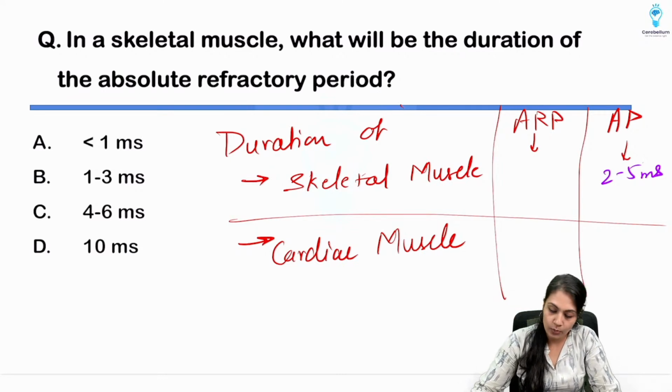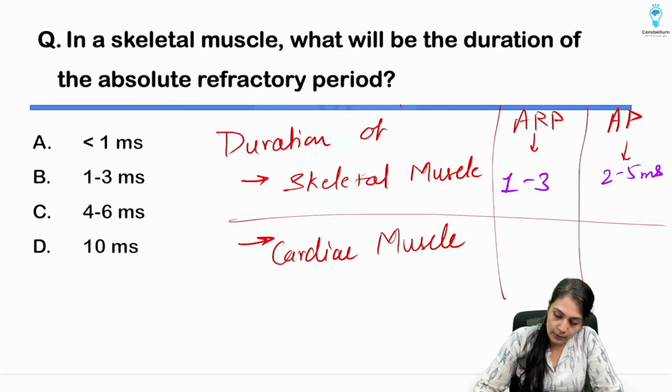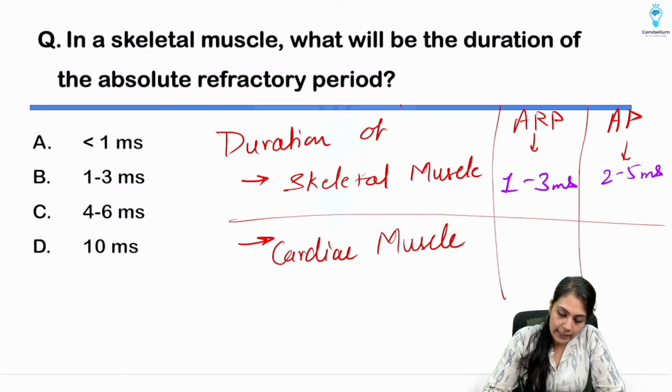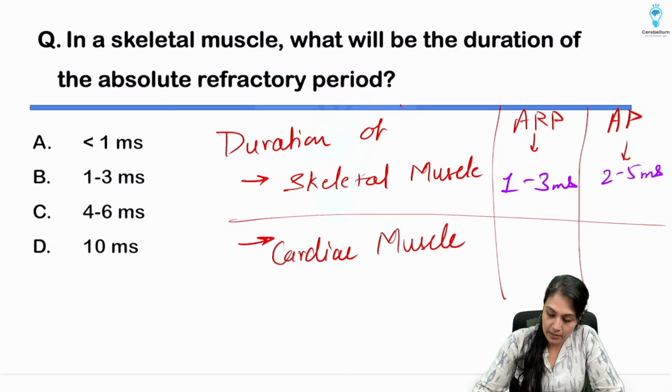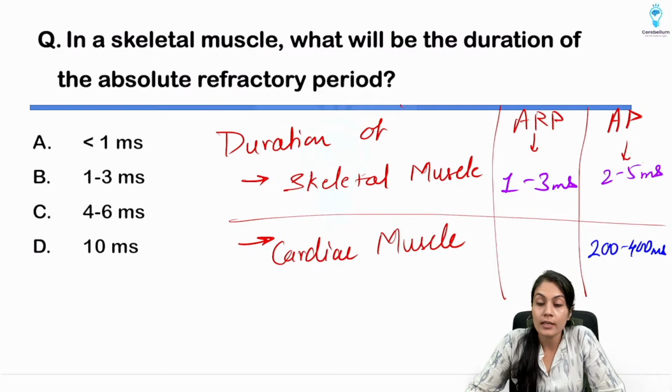Yes, Ritesh, you are absolutely right. That is 1 to 3 milliseconds. In the case of cardiac muscle, the action potential lasts for 200 to 400 milliseconds, and the reason for it is the plateau.